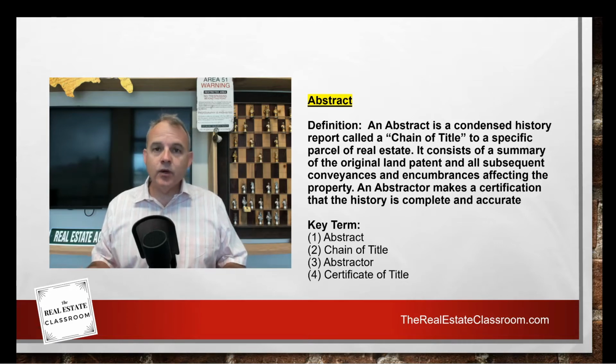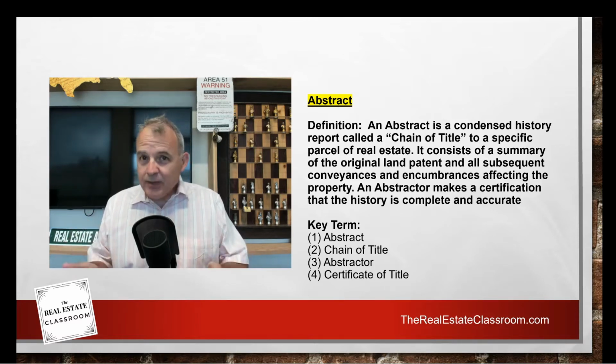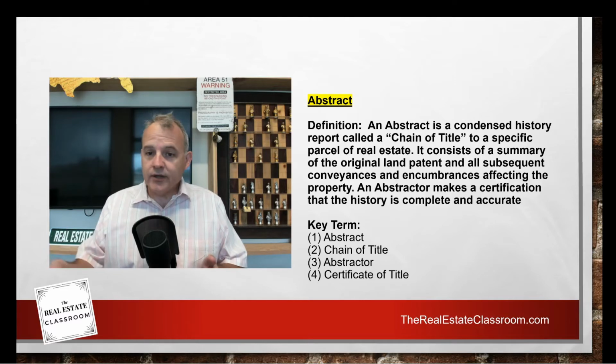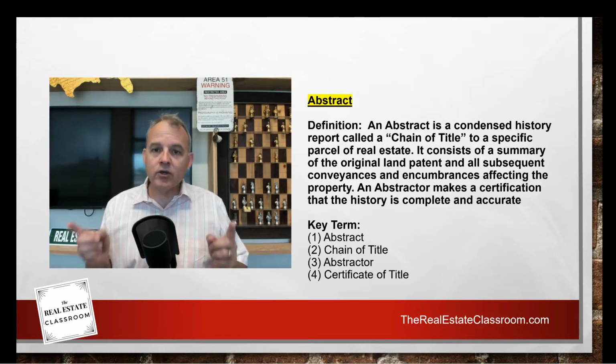Part of that is what we call a title research or an abstract, where someone is going to research or do an inspection of the property's history to ensure that the new buyer isn't going to go to closing and buy a piece of property that has liens against it, clouds on the title, those type of things. And one of the methods of ensuring that is called an abstract.